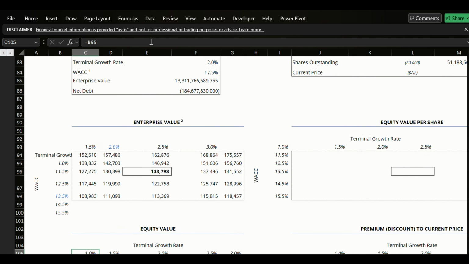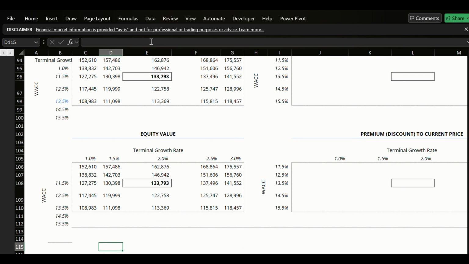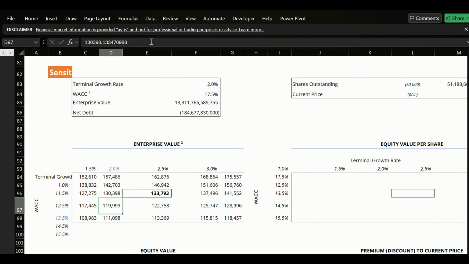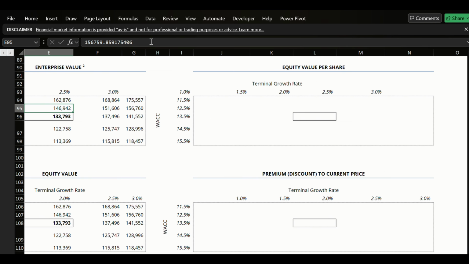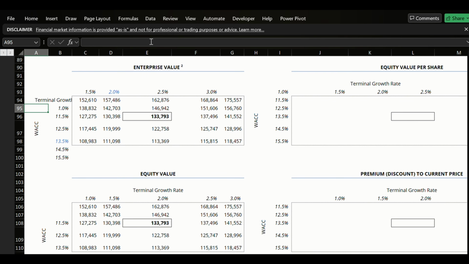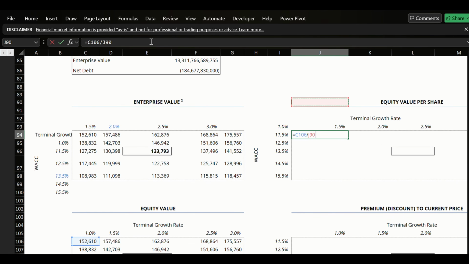Okay. What do I have here? Equity value. Terminal growth. Value per share. Let me just fill this in. Divided by... something wrong here.